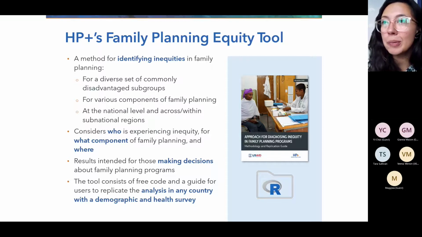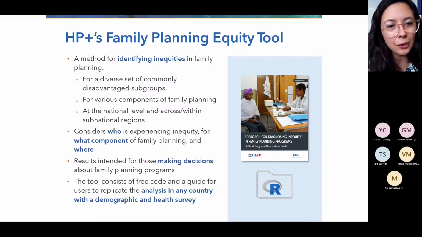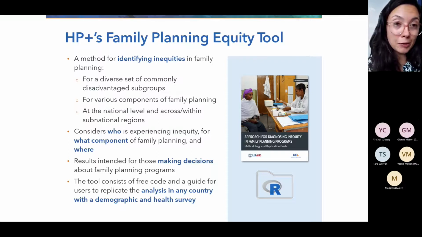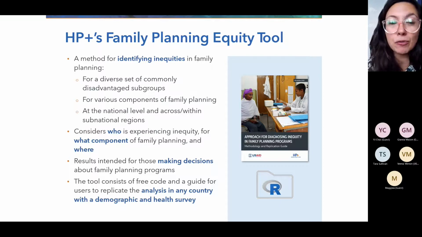And for those who are unfamiliar, we provide step-by-step instructions about how to actually adapt and subsequently apply the code for a country of interest. And a country of interest can be any country with a Demographic and Health Survey. So that's really beneficial because those surveys are increasing and they have a lot of very useful information that we manage to leverage in this case for family planning.